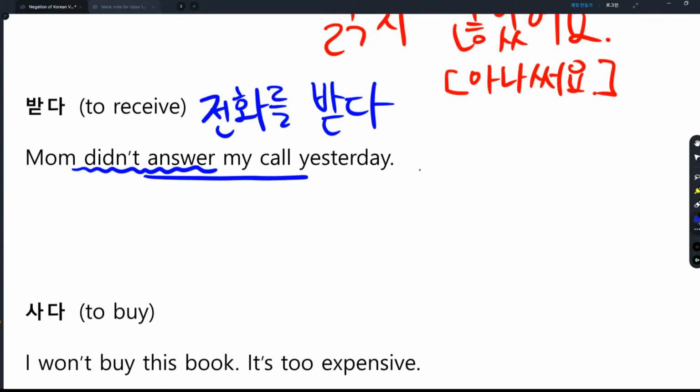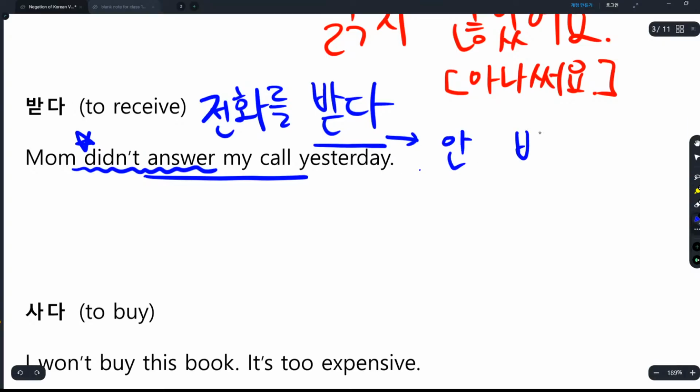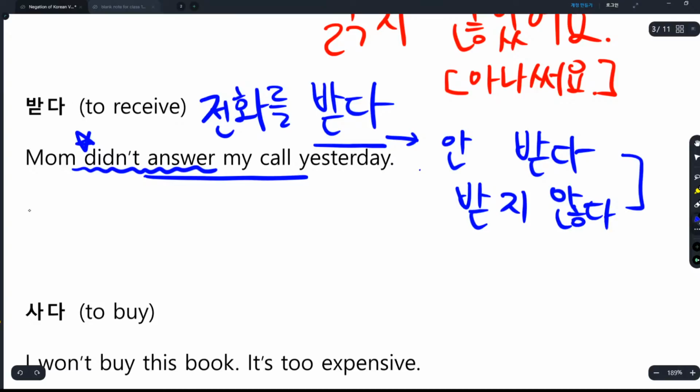So to translate this sentence, we would first have to figure out what the negative form of 받다 would be, right? Which would be 안 받다, or stem plus 지 않다, right? So we're gonna use both verbs.